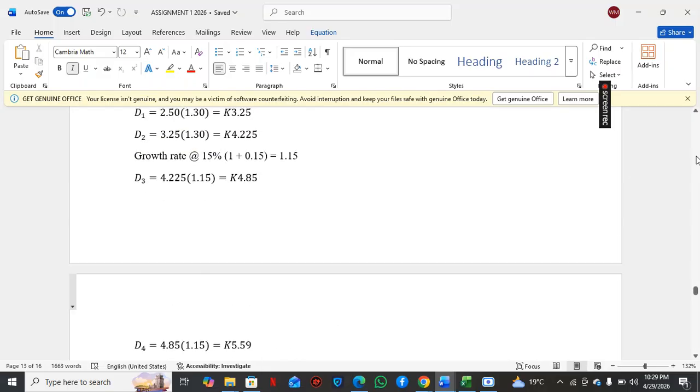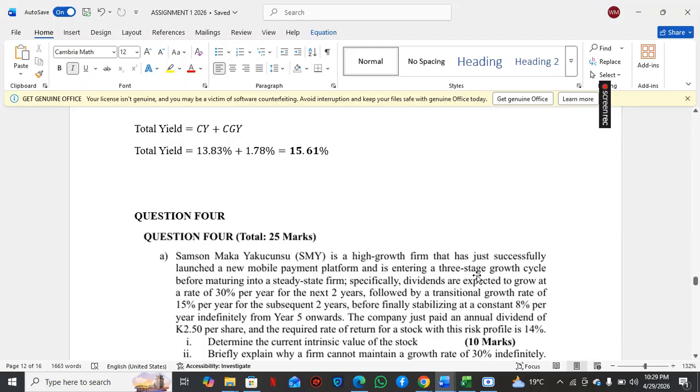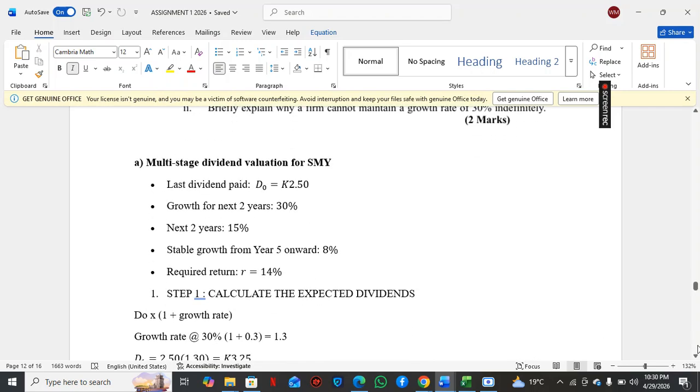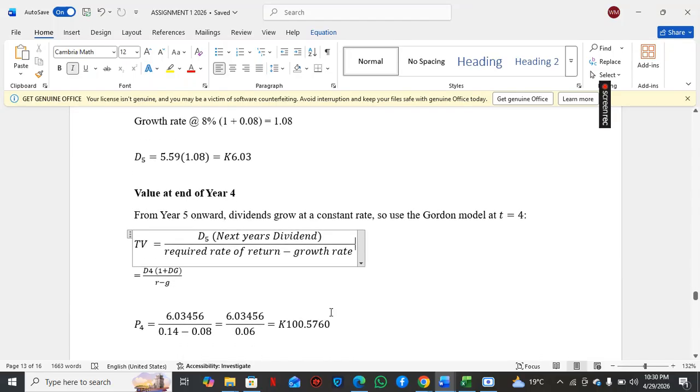The required rate of return is 14%. The required rate of return for a stock with this risk profile is 14%, and the growth rate is 8%.